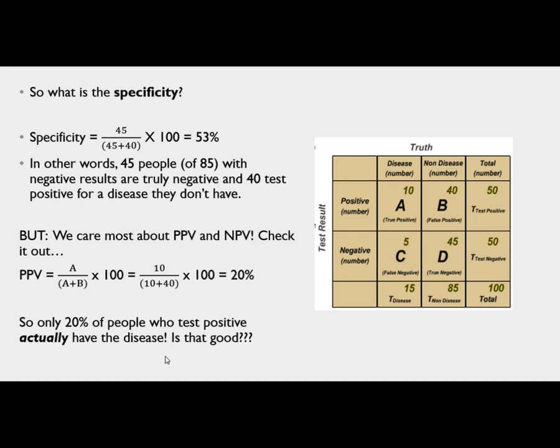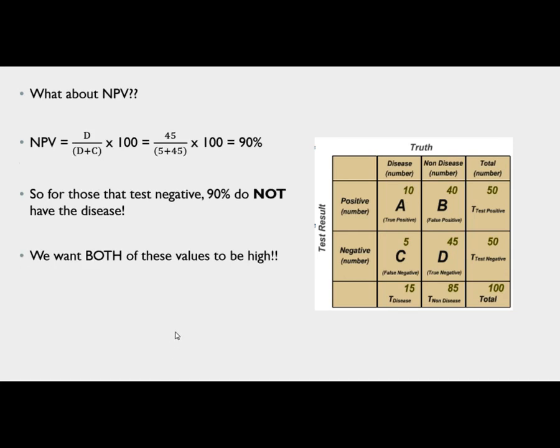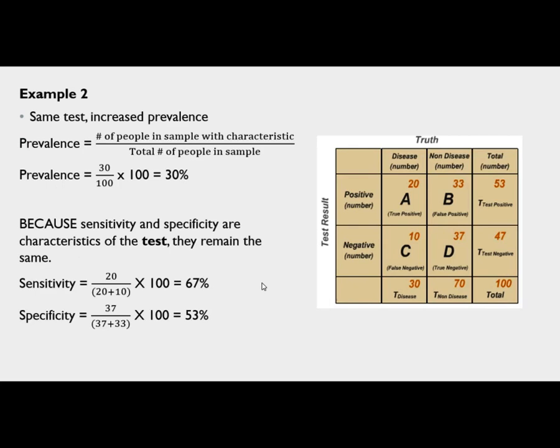Is that good? Not to me. Let's look at the negative predictive value. That's this down here. We want to do D over D plus C. So 45 divided by 50, 90%. So for those that test negative, 90% do not have the disease. That's not bad, but we want both of these values to be very high.